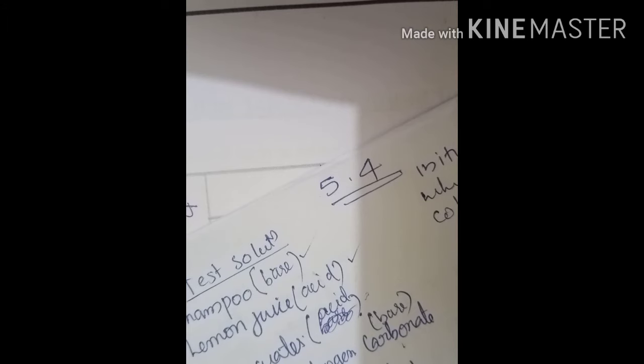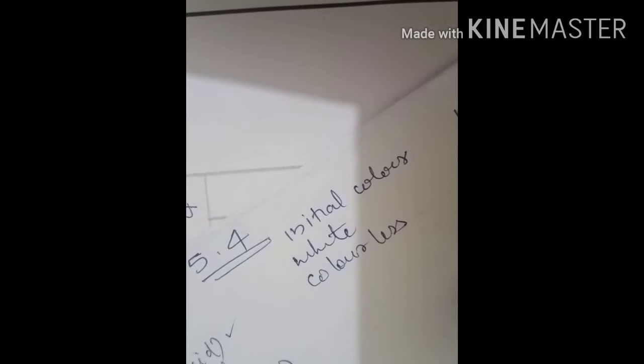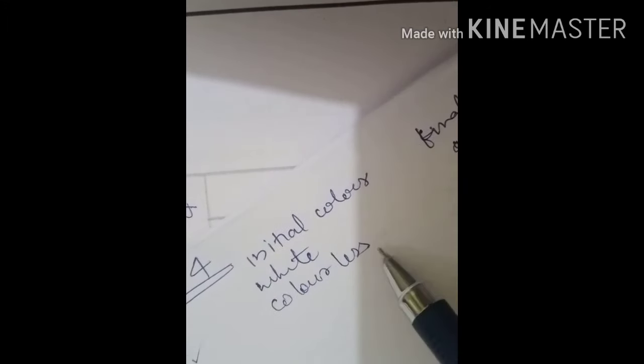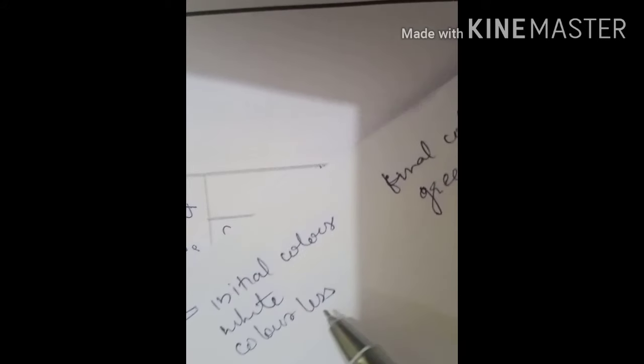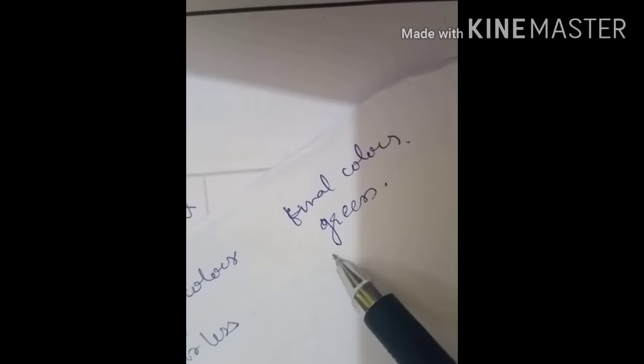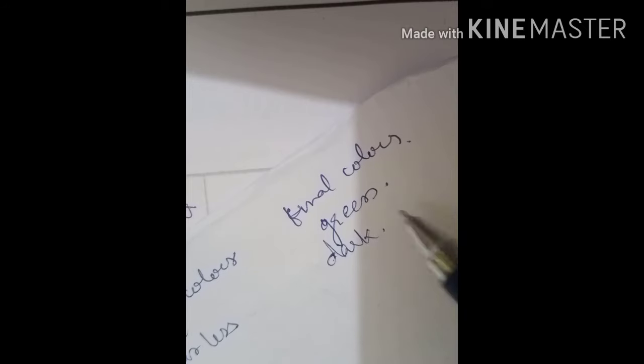Then lemon juice, colorless, right? It is colorless, but it is acid. When China rose is added to an acid, it changes into dark pink. So final color will be dark pink.